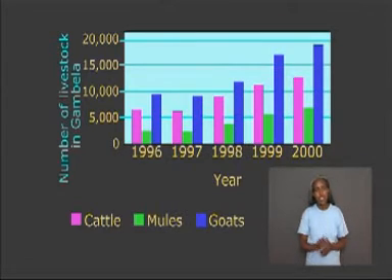The second question is a little harder to answer, but it appears that the number of mules has more than doubled between 1997 and 2000. It went from about 2,000 up to about 7,000.